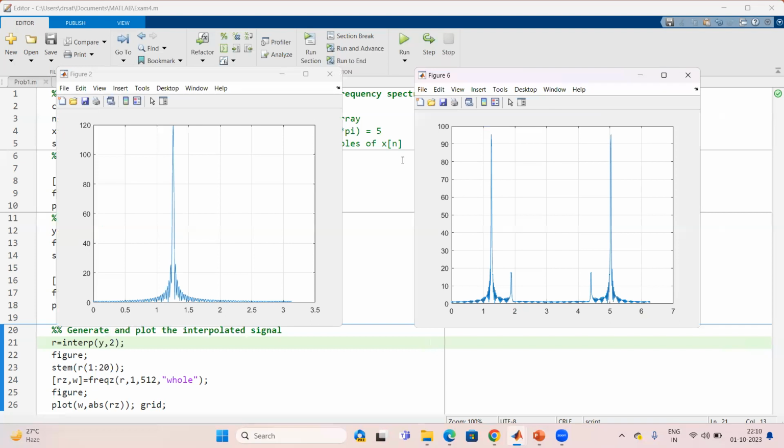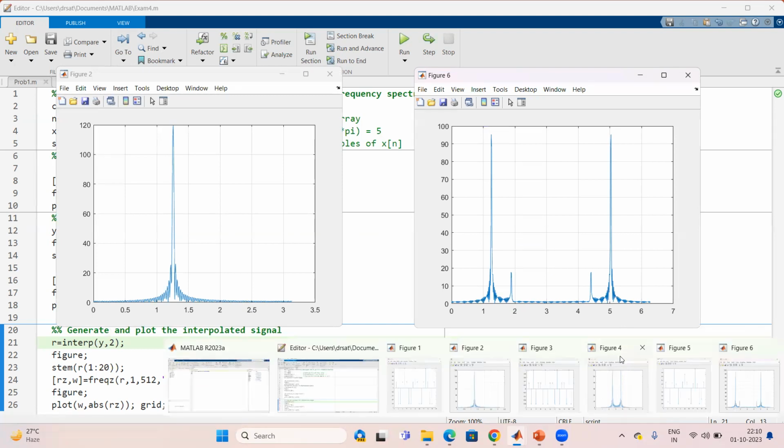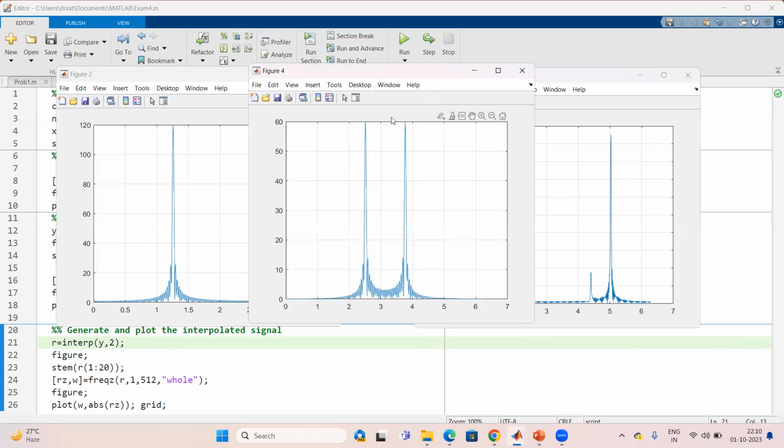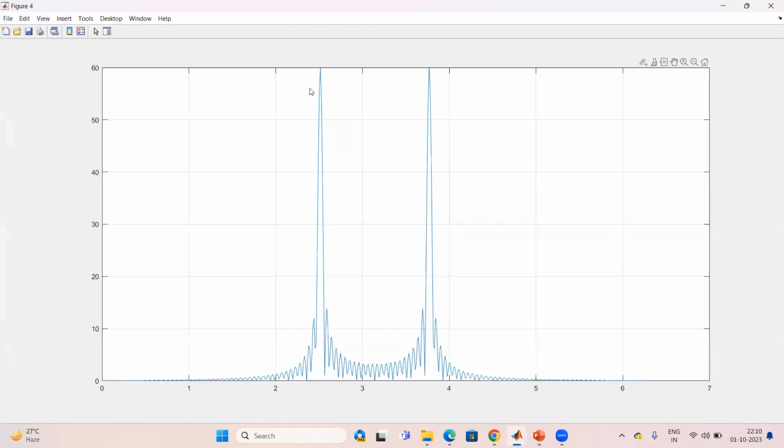If you see this peak, it is coming at about 1.25, but you can also observe another peak. This is coming due to the non-ideal characteristics of your low pass filter. In the downsampled version of your signal, we actually got these two peaks in the original spectrum.